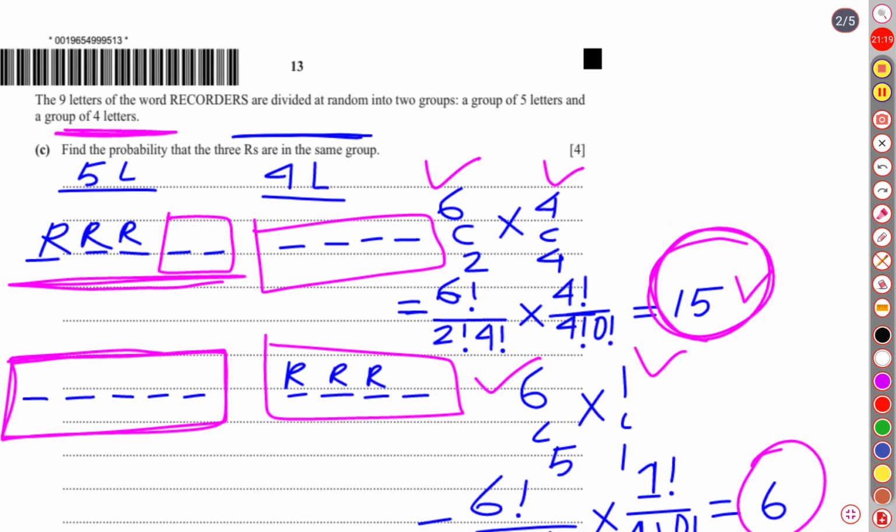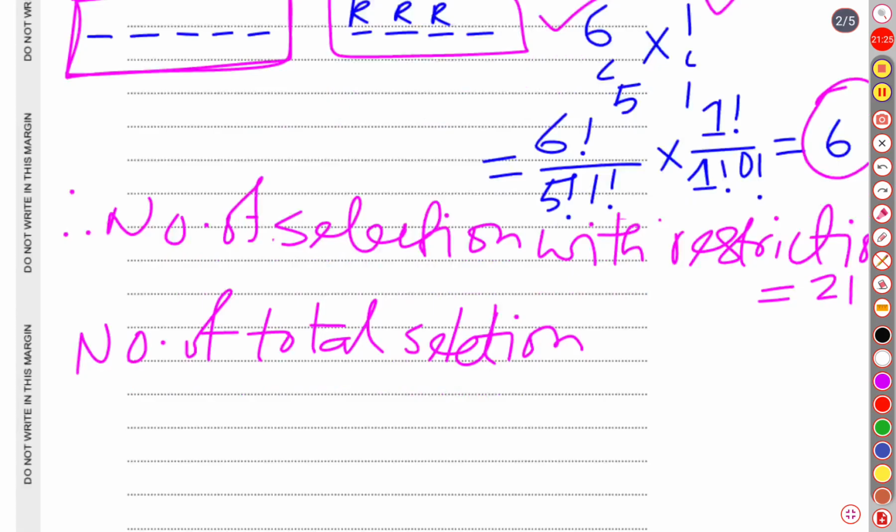We know that there are 9 letters in total, and out of 9 there will be two groups. In one group we choose 5 from 9, then there remain only 4 letters. These 4 letters will be chosen for the next group.